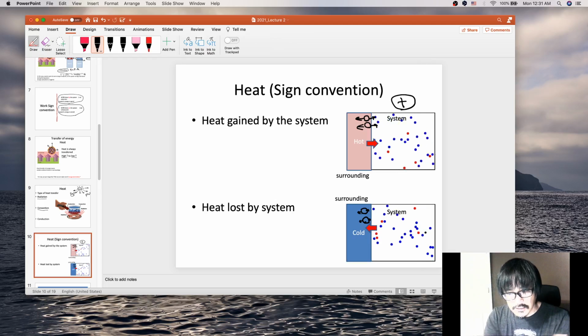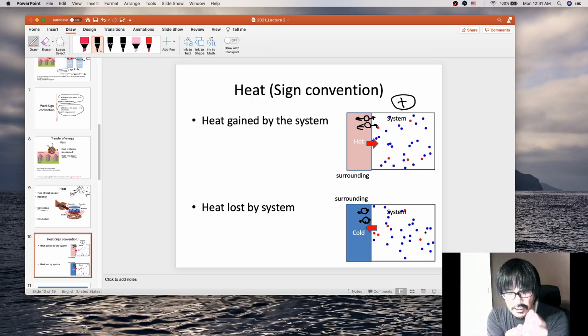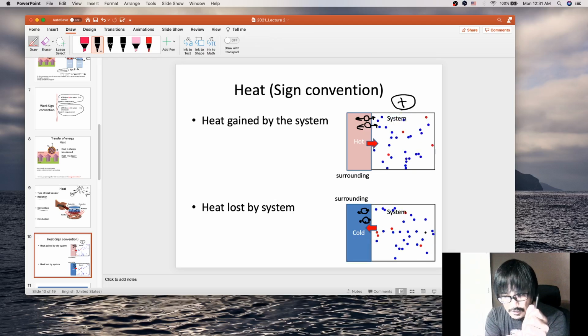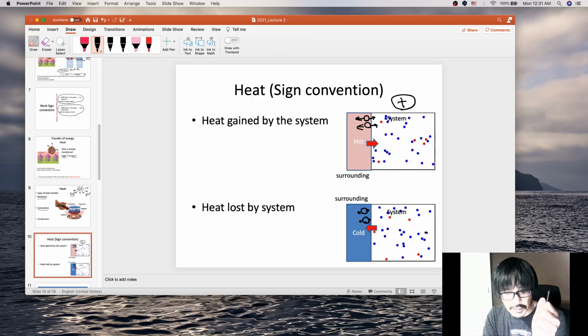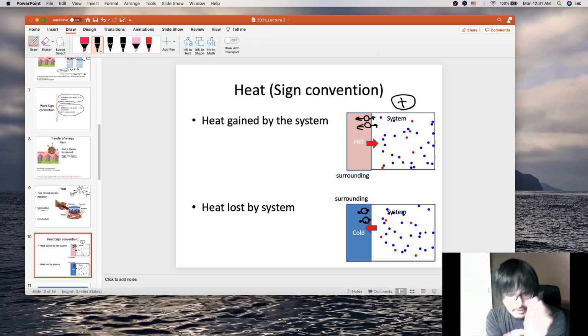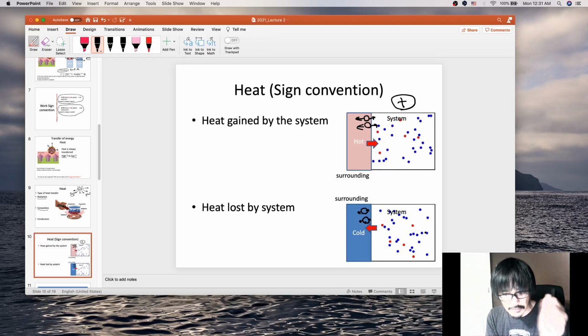So as soon as the gas molecule hits the cold wall, it bounces back much slower, because it loses some energy, because energy is transferred to the cold wall.